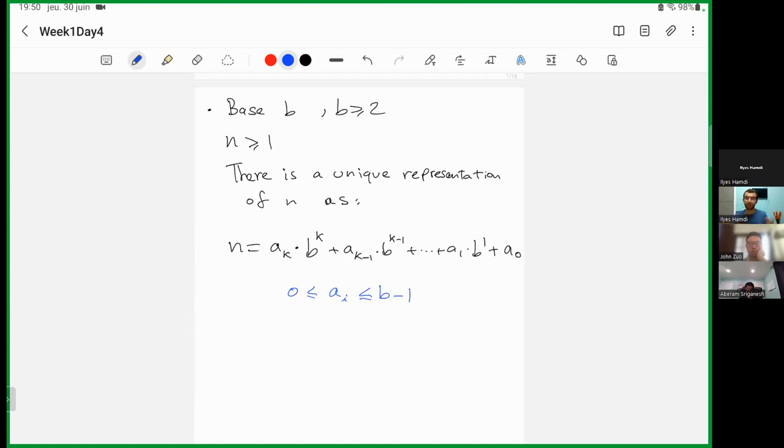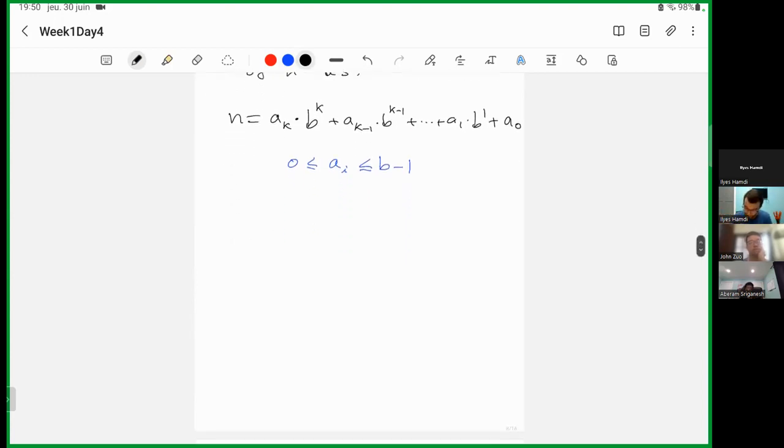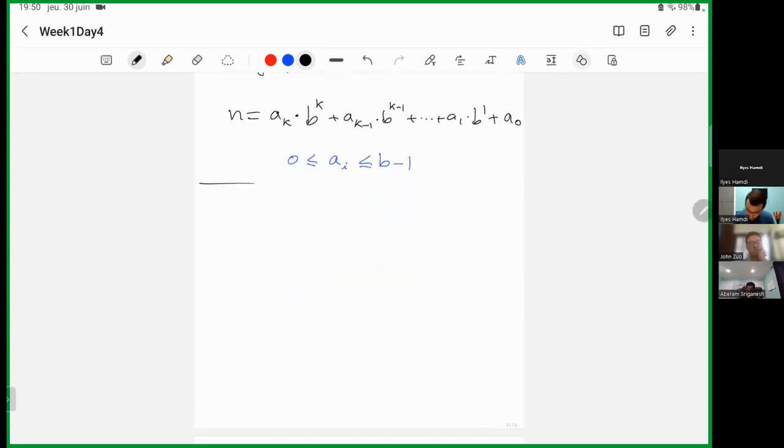Okay, now let's explain where does this expression come from. So let's try and understand this expression. And you will see that it's actually just lots of divisions. Like it's the division algorithm, which is repeated. Let's see why. So maybe before we look at specific examples, we can still discuss it in a general way, and then we'll see examples.